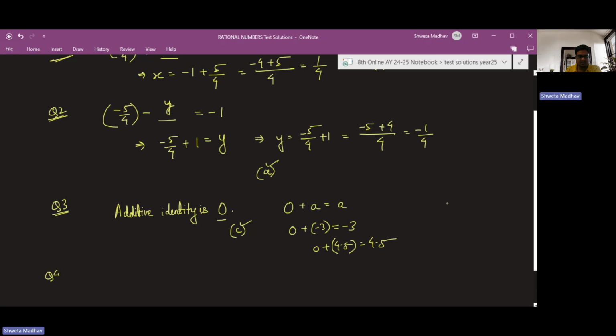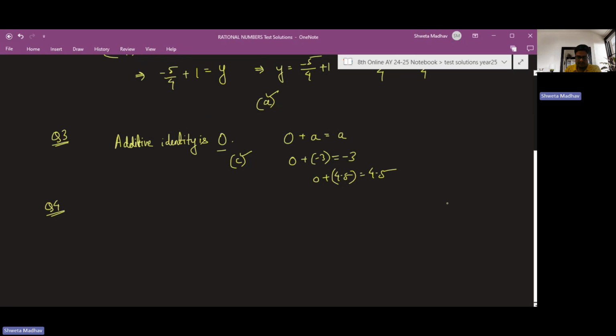Then in question number 4, it has been told, which of the following is the multiplicative identity for rational numbers? So we know that the multiplicative identity is 1. Why? Since 1 multiplied by any rational number will be the same rational number only. So hence the multiplicative identity is 1.